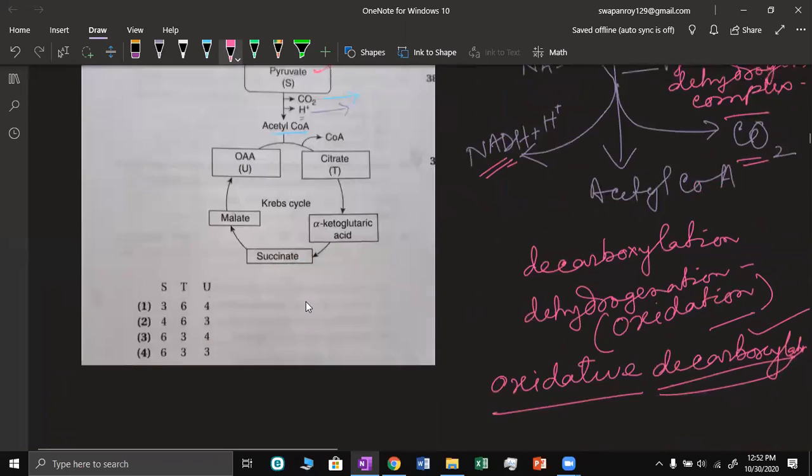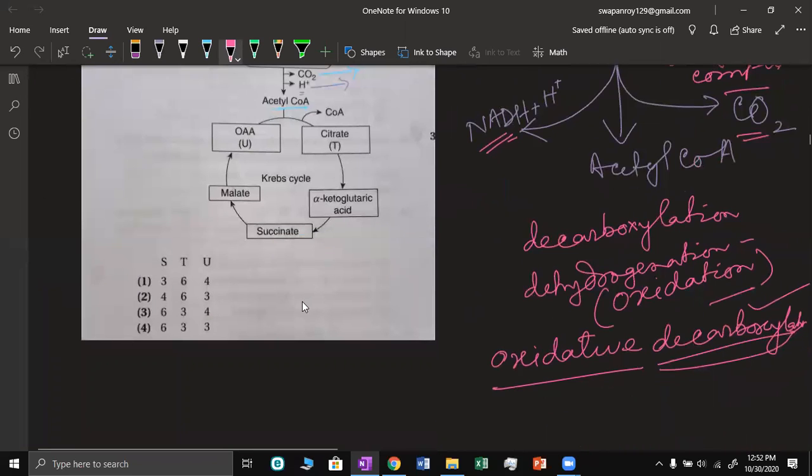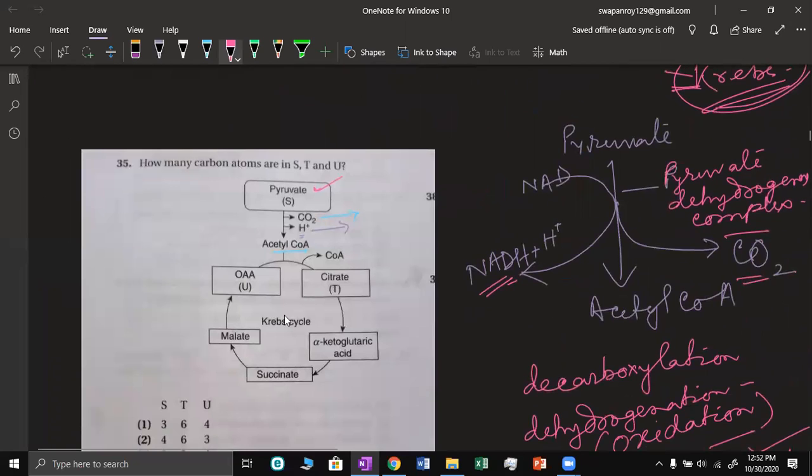Next one is, here is a question where we have to remember the different compounds that are formed in glycolysis, the Krebs cycle, and those in the C3 cycle and C4 cycle in photosynthesis.